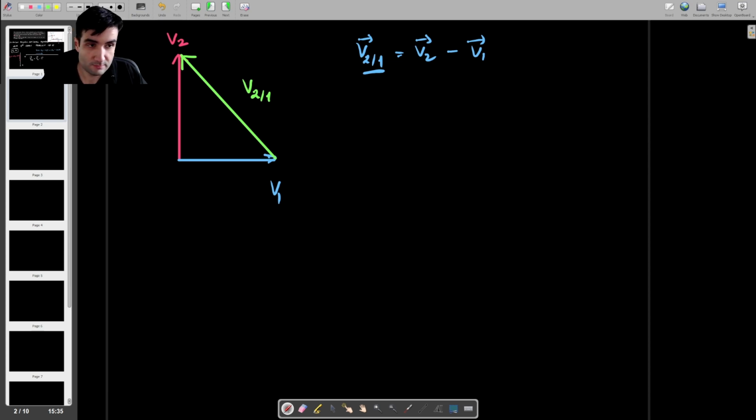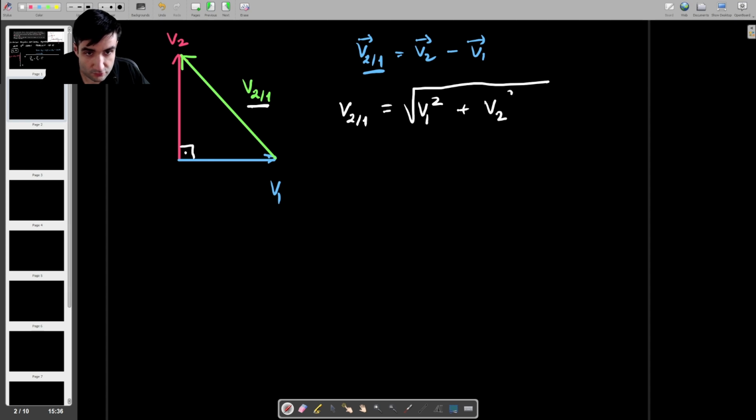If we don't use vectors, which we eventually have to do anyway, we can see that finding this is basically finding the hypotenuse of this right triangle, right? Because those two velocities are perpendicular to each other. So the velocity of 2 with respect to 1 is the square root of v1 squared plus v2 squared.